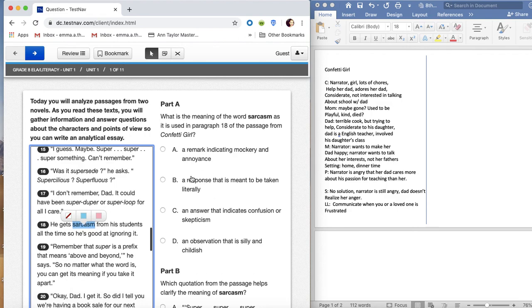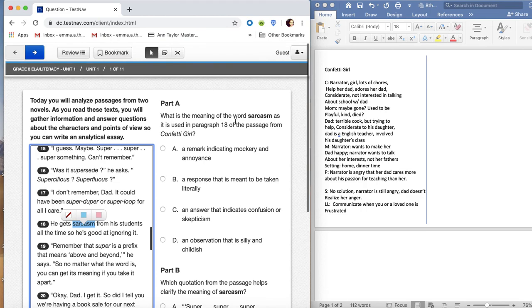So let's read through the answer choices. What could sarcasm mean? A, a remark indicating mockery and annoyance. Okay, I don't know what mockery means, but annoyance I know. So a remark that's annoying. B, a response that's meant to be taken literally. I've learned literal. That means exactly what it says.